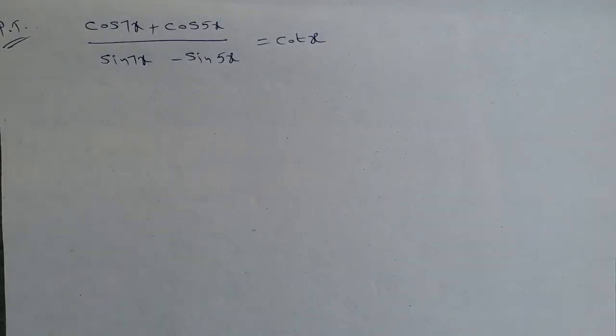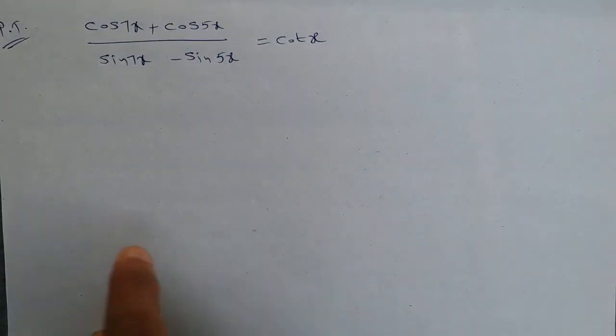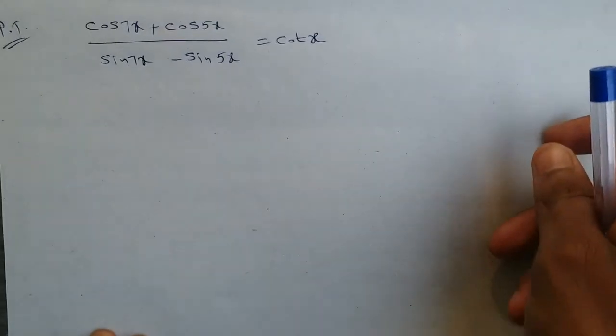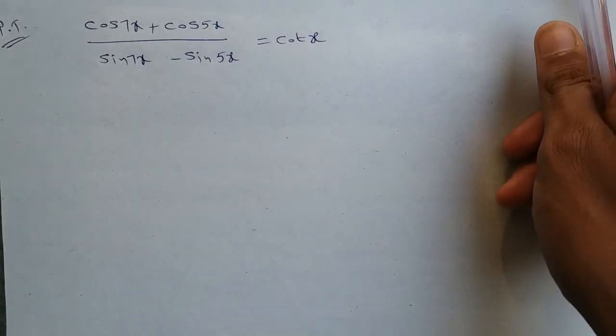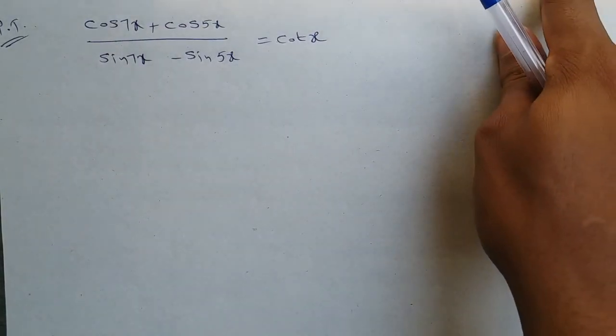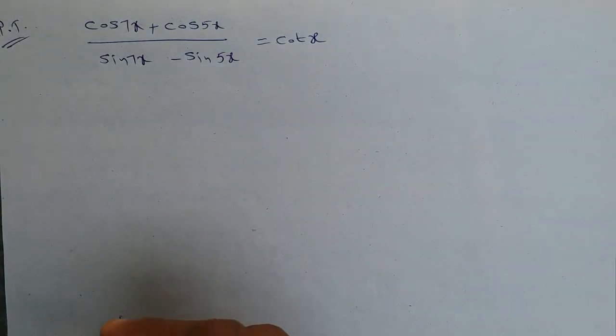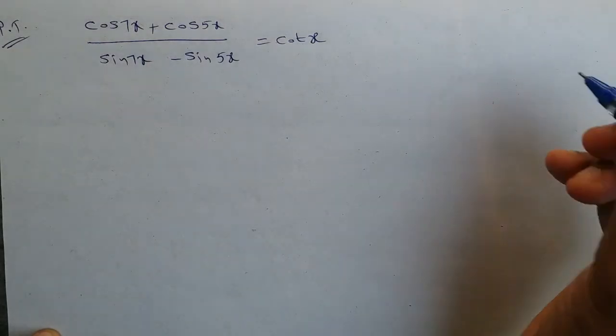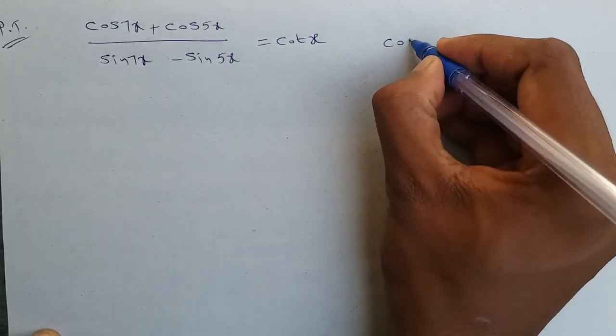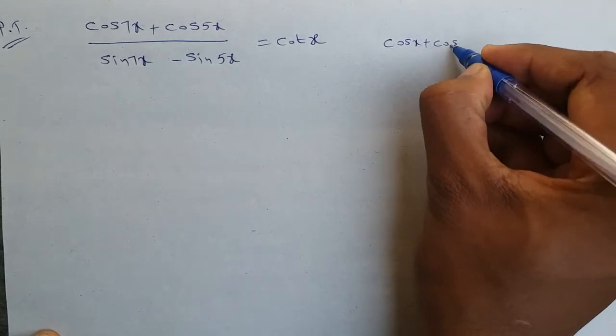Okay, look at the next question. The question is, prove that cos 7x plus cos 5x, whole divided by sin 7x minus sin 5x, is equal to cot x. So which formula is involved in this? The cos x plus cos y formula.